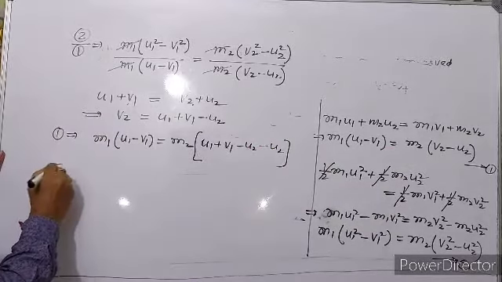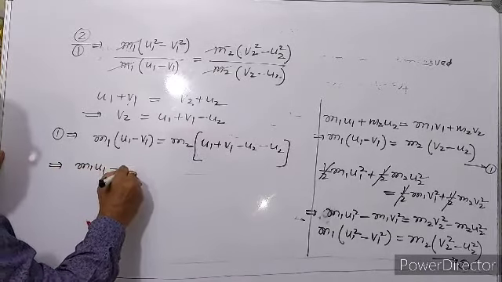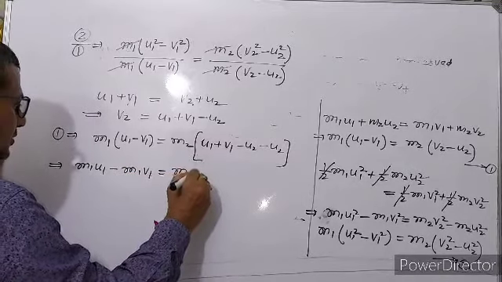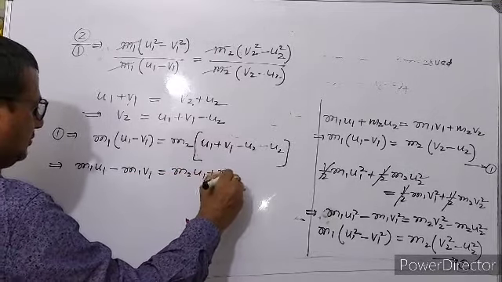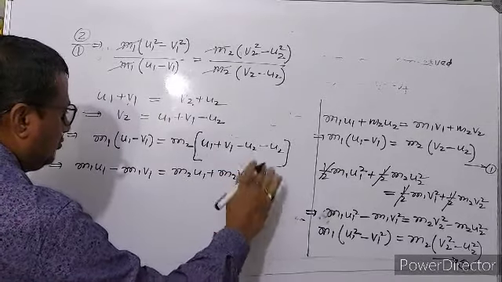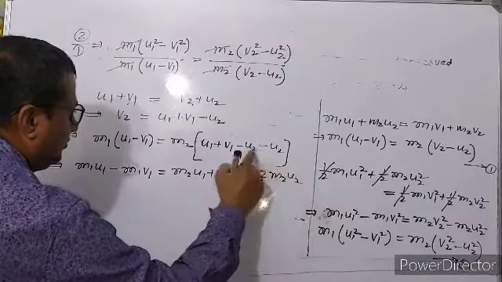This will be equal to m1 u1 minus m1 v1 equals m2 u1 plus m2 v1 minus 2 m2 u2. This will be added.